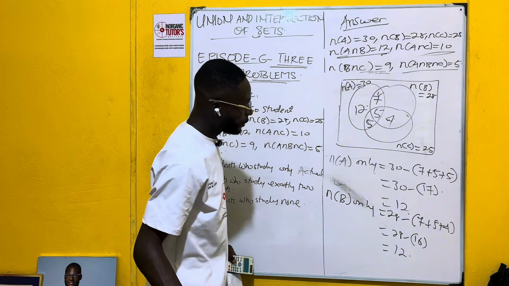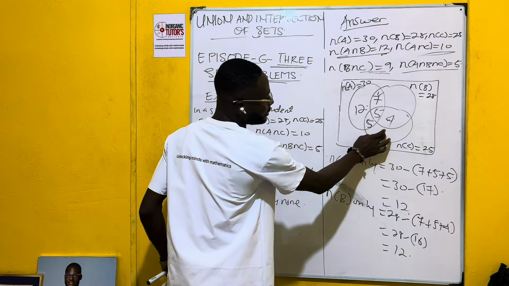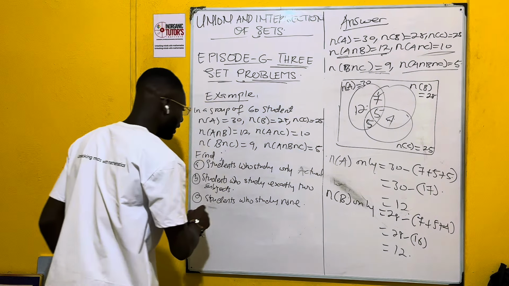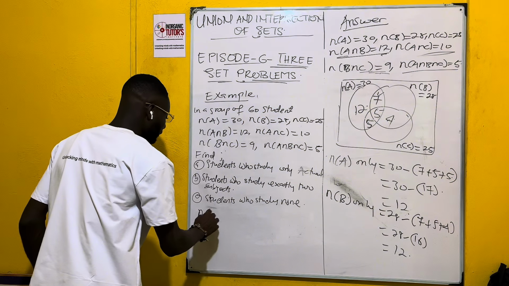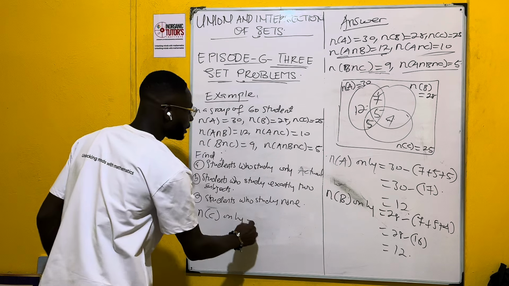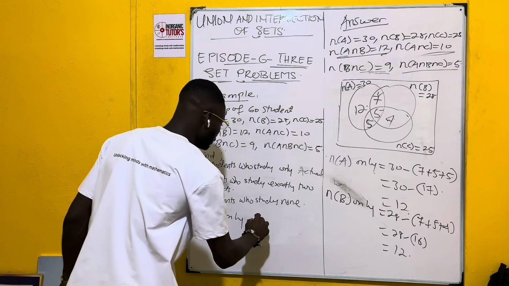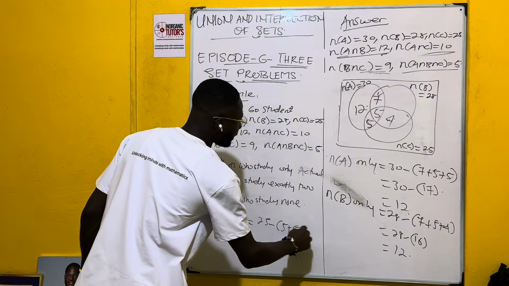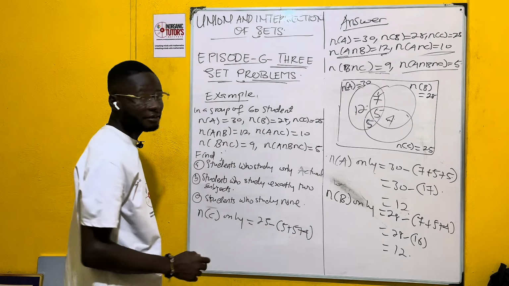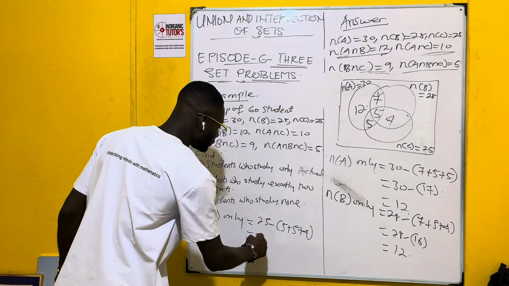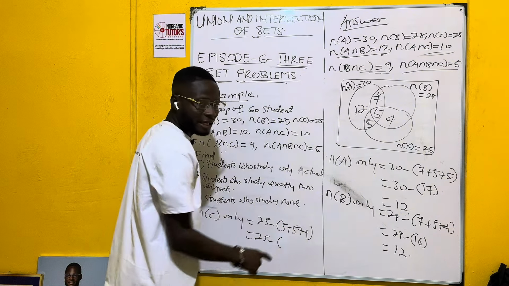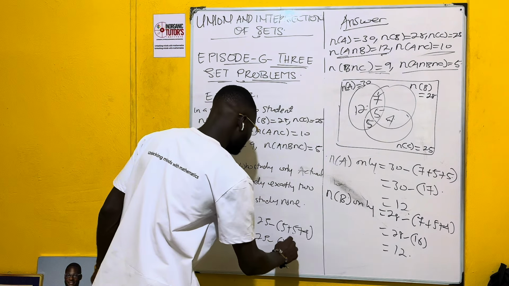Now, we are left with this particular section, right? So we are going to do that here. The number of chemistry students only is equal to 25 minus (5 plus 5 plus 4). So we have 5 plus 5 is 10, 10 plus 4 is 14.